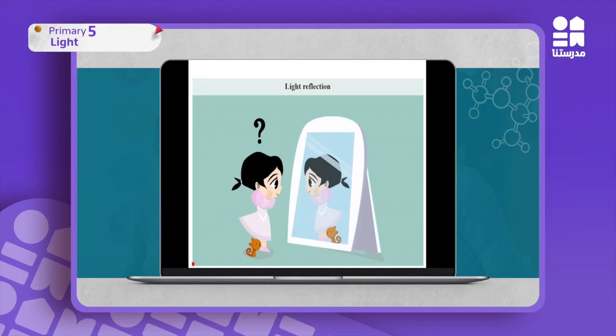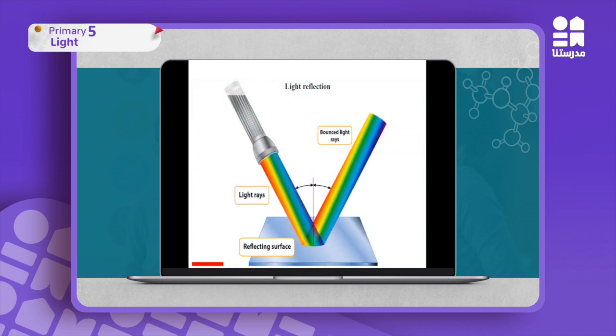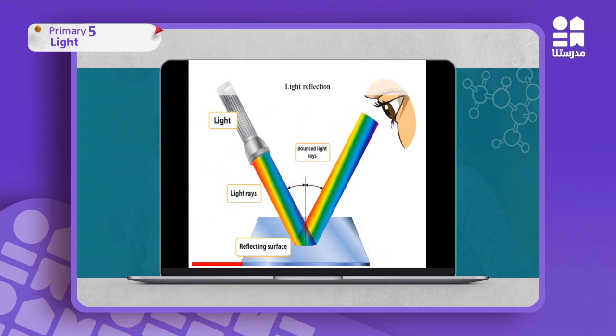Have you ever wondered how you are able to see yourself when you stand facing a mirror in a lighted room? Actually, this is due to a phenomenon called light reflection. The light reflection is defined as the bouncing or going back of light rays when they fall on a reflecting surface. So, the things you see around you are made of light reflected from the objects which reaches your eyes, thus causing the vision.